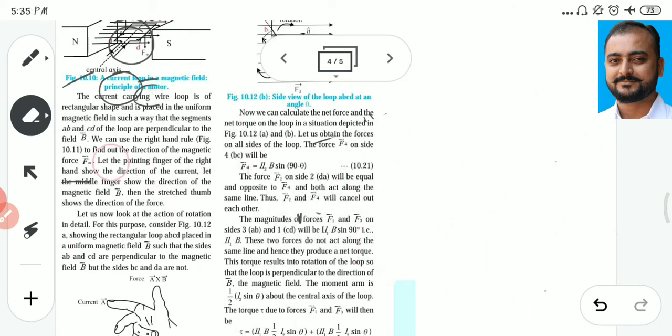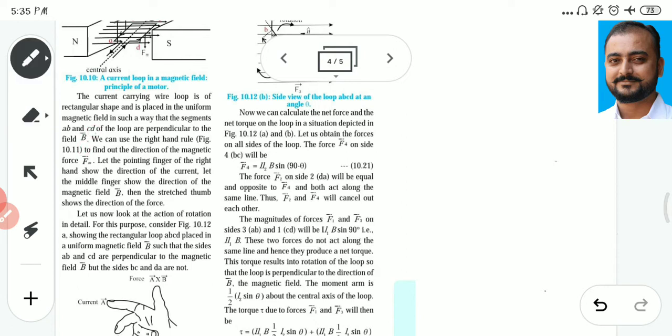Now in this case, I'm going to explain here. You must avoid writing or reading all these things.